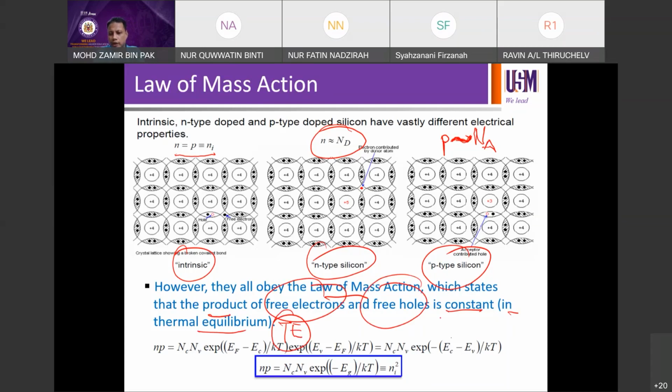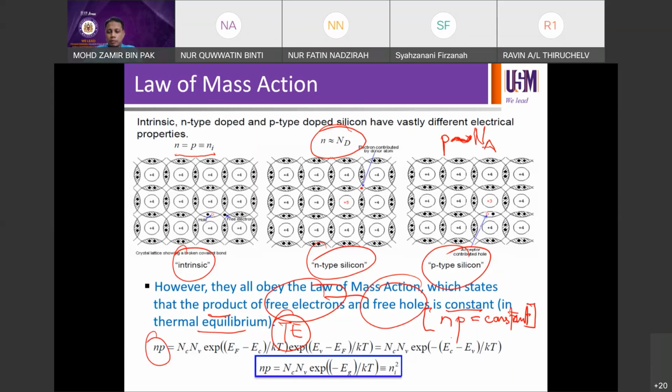So the product of n times p is a constant at thermal equilibrium, and it's not constant if it's not at thermal equilibrium. Remember, this is at TE. So let's bring them together into an equation. What is n times p? We have also discussed last time the density of free electrons, n equals blah, blah, blah, and p equals blah, blah, blah.